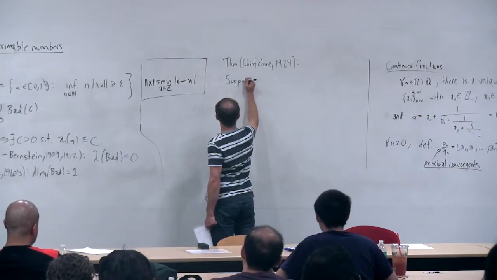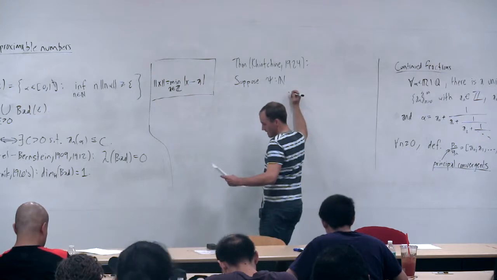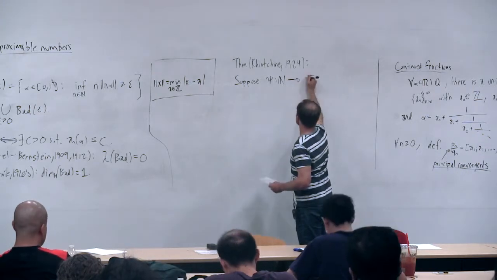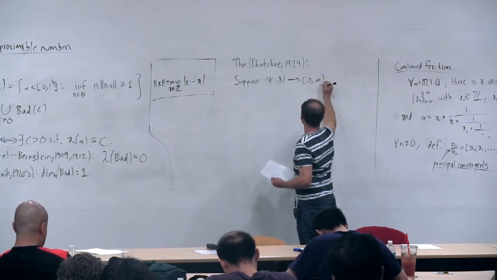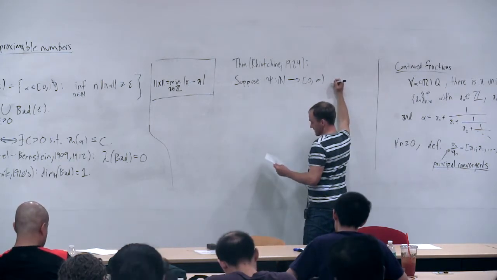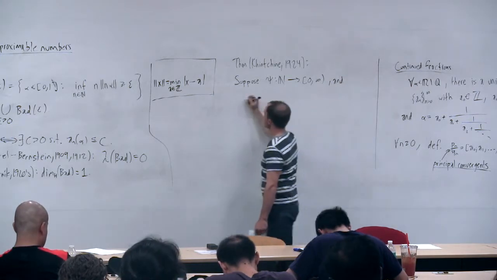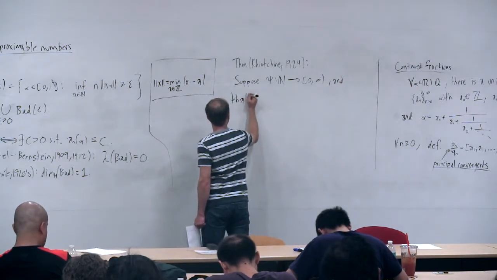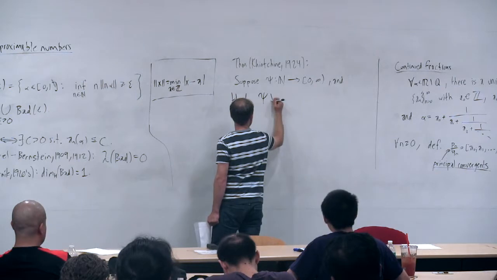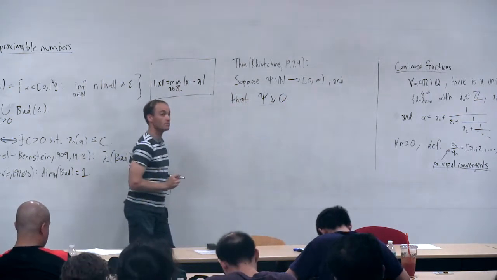Let's suppose that I have a function psi which takes in natural numbers and spits out positive or non-negative real numbers, and let's suppose that this is a decreasing function. This is an important assumption in the statement of the theorem. So let's suppose that psi is decreasing to 0.